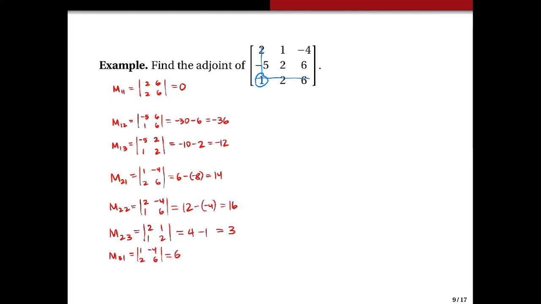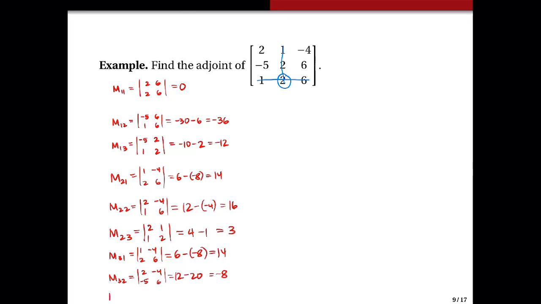This is equal to 6 minus negative 8, which is equal to 14. For M32, we delete this row and column, and we'll have 2, negative 4, negative 5, 6. So this is 12 minus 20, which is equal to negative 8.